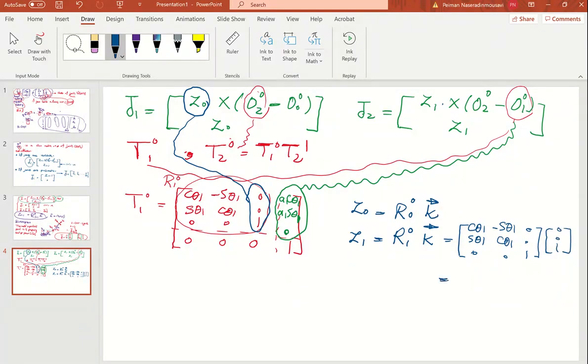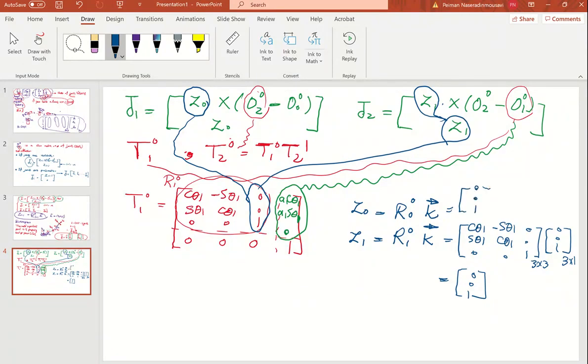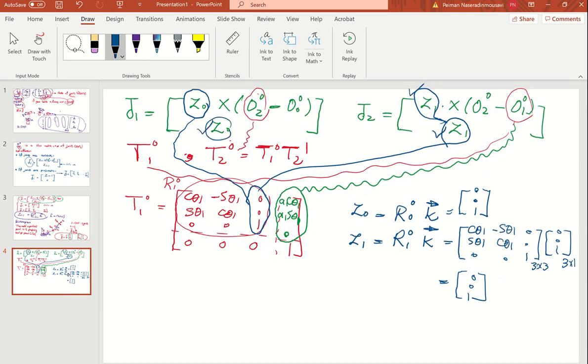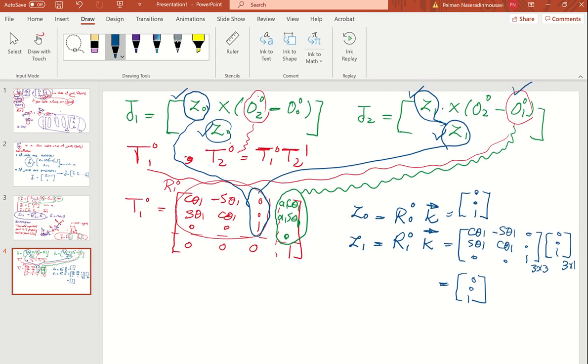So you're going to have a 3 by 3 times a 3 by 1. So again you're going to have 0, 0, 1. So this also stands for both of these. You got it? Based on exactly whatever I taught. And this is 0, 0, and 1. So we got these. I got this.